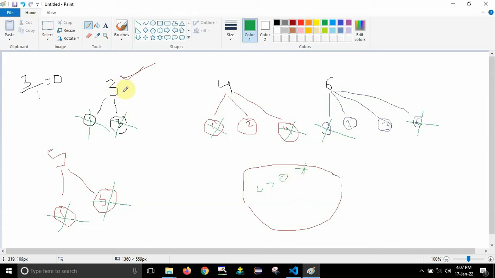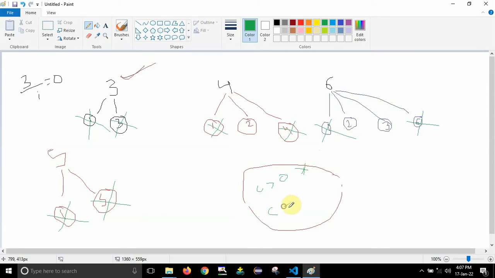Because for a prime number, you can see, if I'm not considering 1 and number itself, there are no factors left. So for 3 there is no factor left, and for 5 also there is no factor left, and for 4 at least one factor is there, for 6 at least 2 factors are there. So if it's a prime number, then there will be no factors if I don't consider 1 and number itself. So if the count is greater than 0, it will not be a prime number.